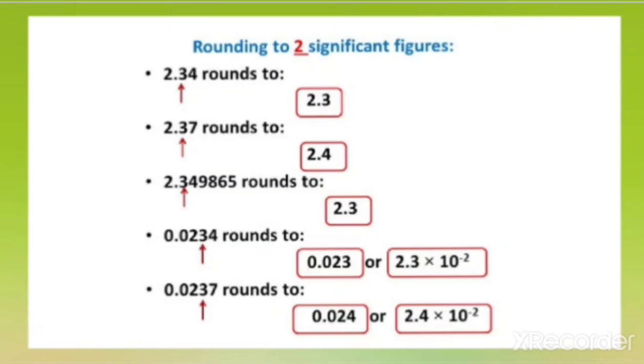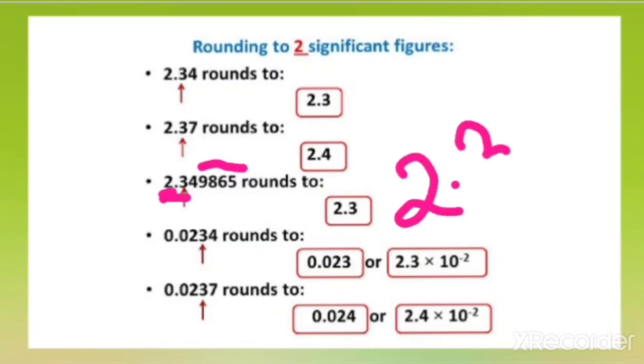Now in this case, the example that is given, how many significant figures does this number have? 1, 2, 3, 4, 5, 6, 7 significant figures are there. So we have to round off this one, and in order to round off, we need only the first 2 digits. So we have to remove the rest of the number. So you can see we only needed 2.3.